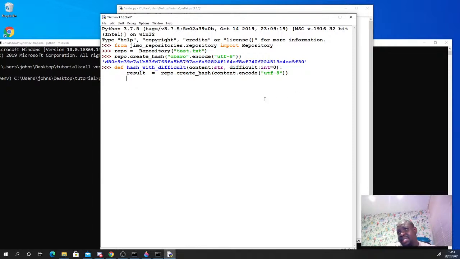Let me copy this first. In any content, if I say 2 difficulty, then 2 zeros will be there, and we can have something like this. If I say 5 difficulty, we'll have 5 zeros. If we have 10 zeros or 20 zeros, so we're going to say difficulty.